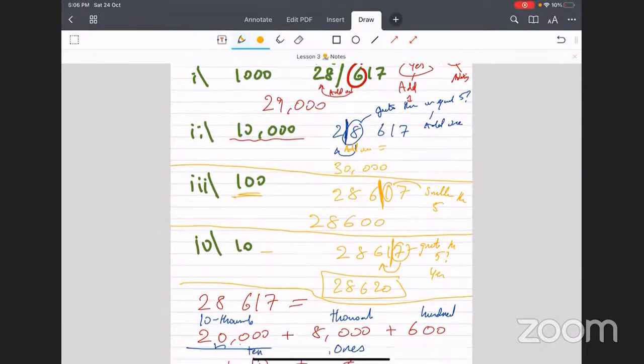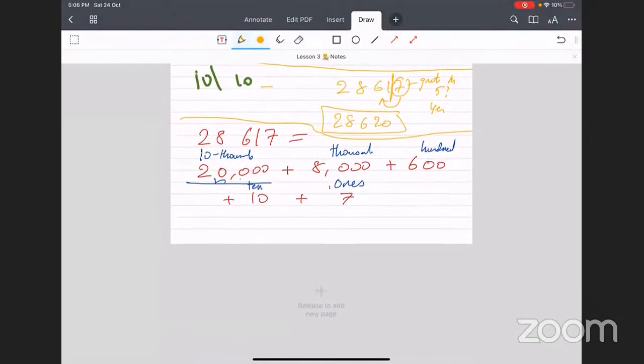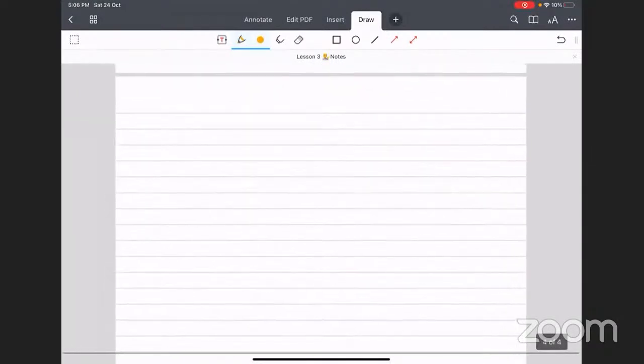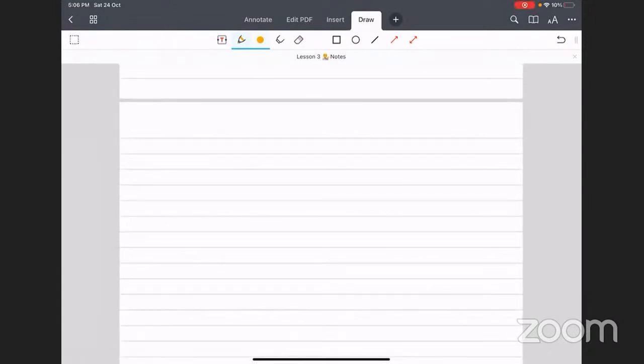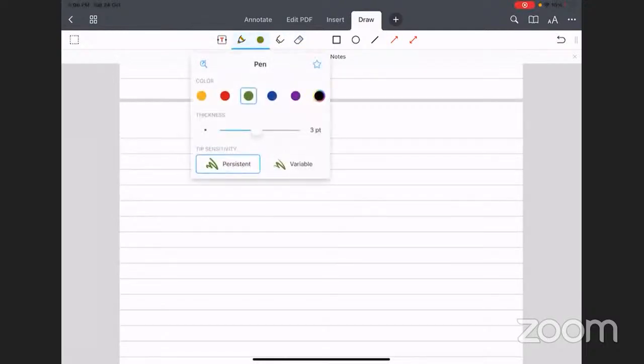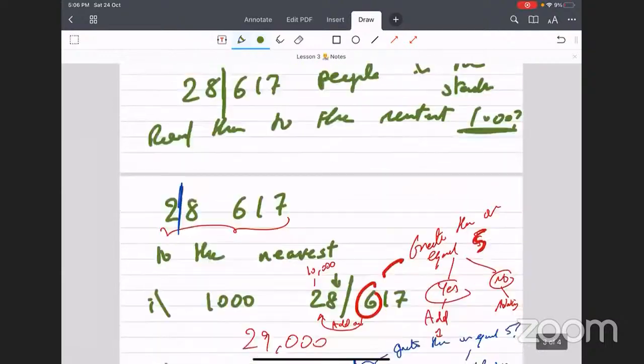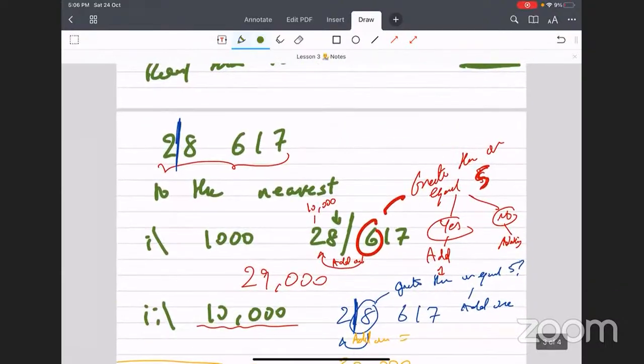So after explaining these two things, you understand how to round integers, not decimal places, right?